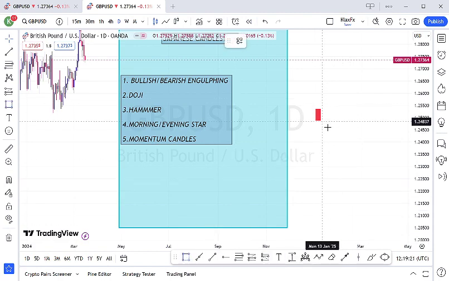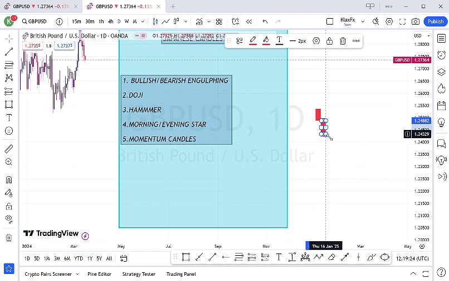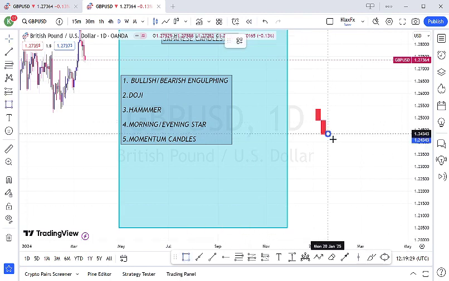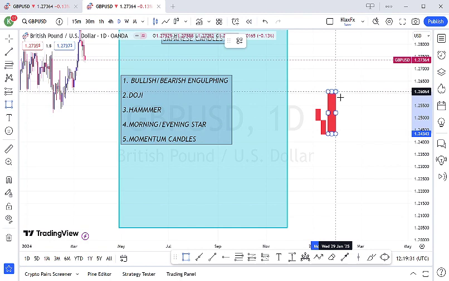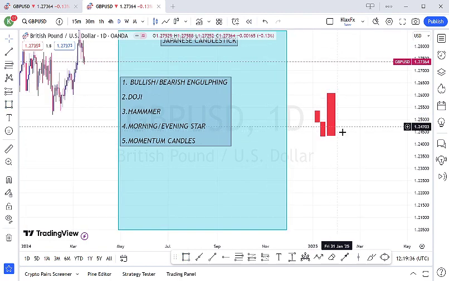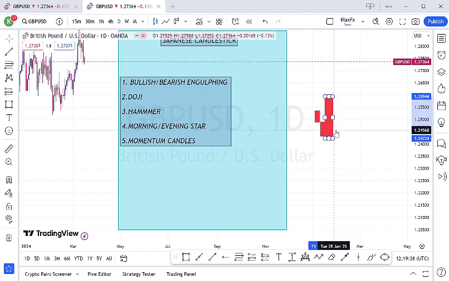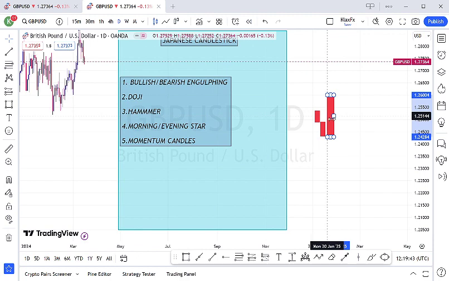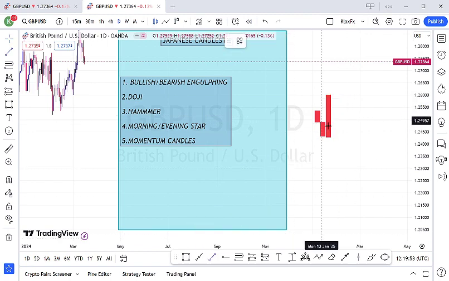You have two red candles coming down, and you have a subsequent candle like this. Let's put the wick.